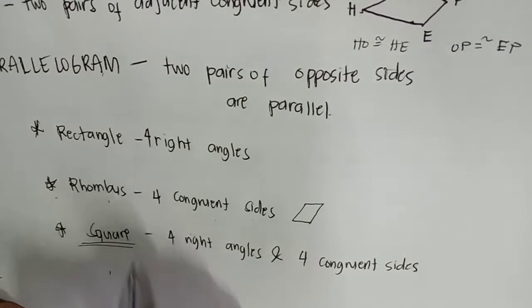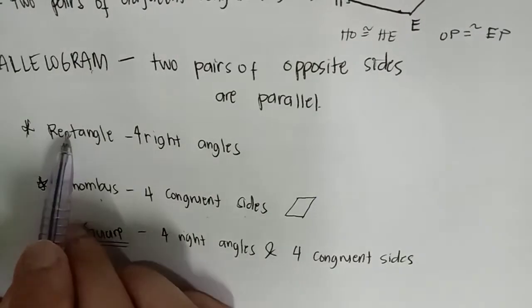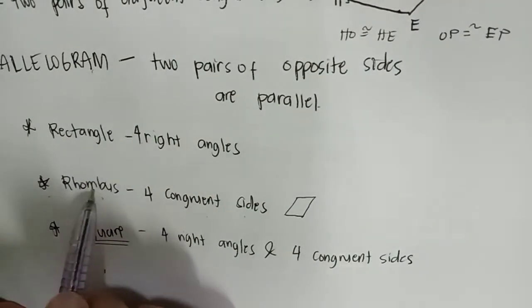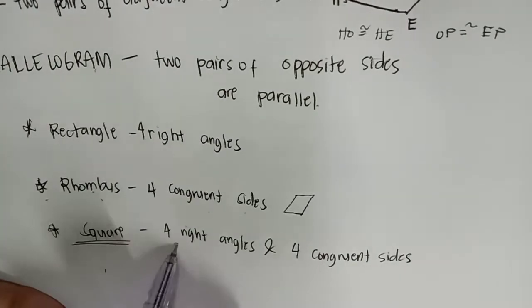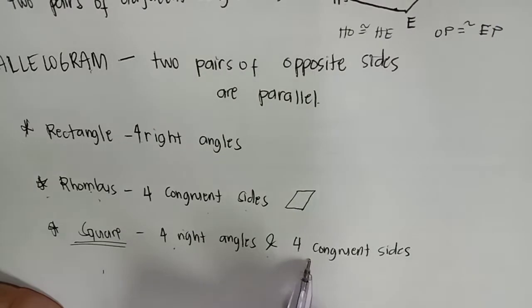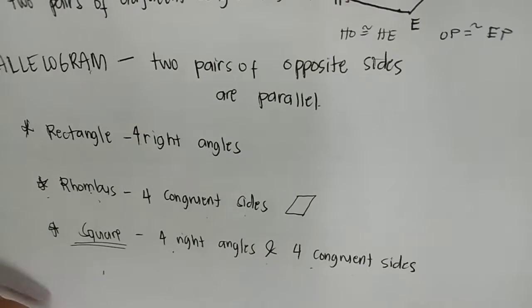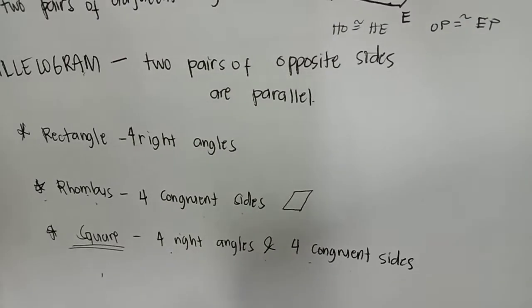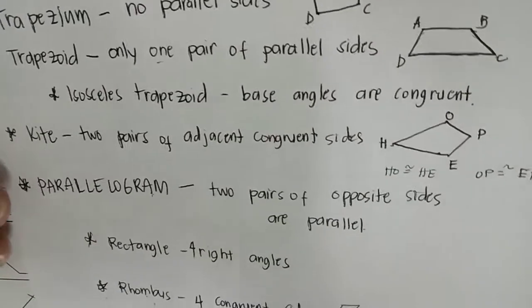And, last but not the least, si square po, na kung saan a combination of rectangle and rhombus. So, meron po siyang na-form na 4 right angles as well as meron din po siyang 4 congruent sides. Okay? So, ayan po yung para sa classifying quadrilaterals.